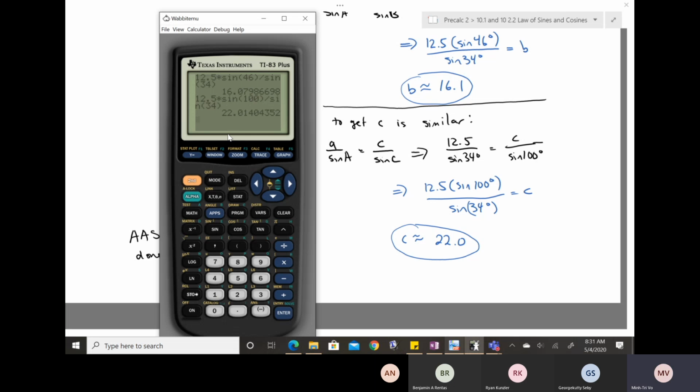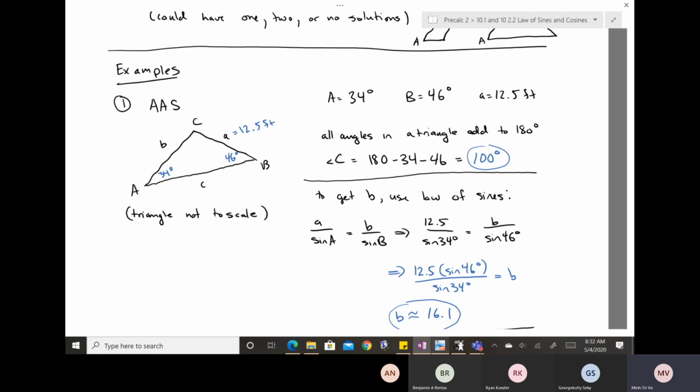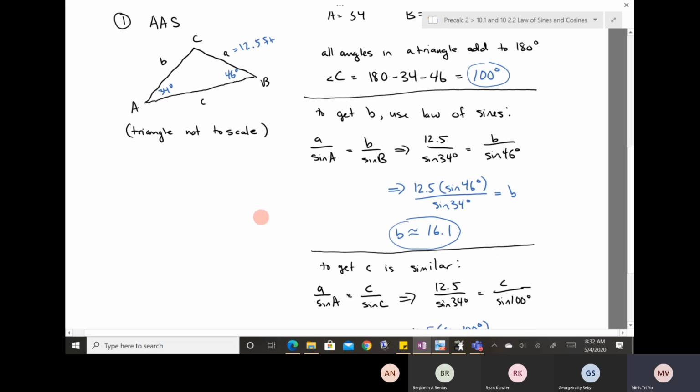We can see it is about 22. Okay, so we've solved the missing sides and angle for this triangle.